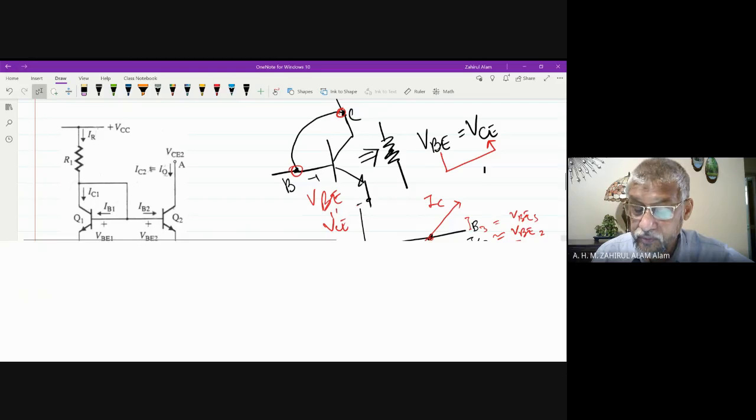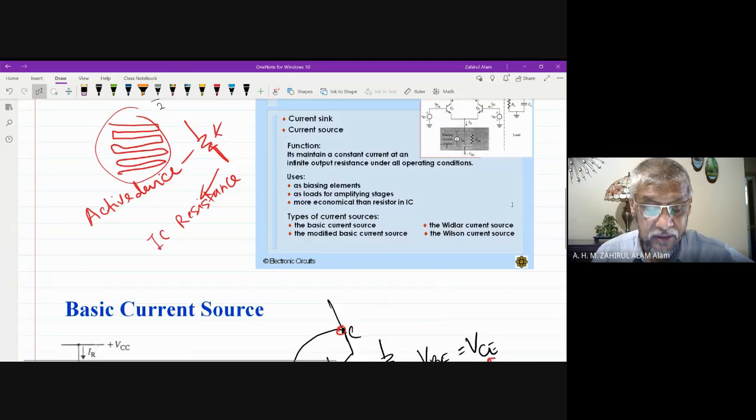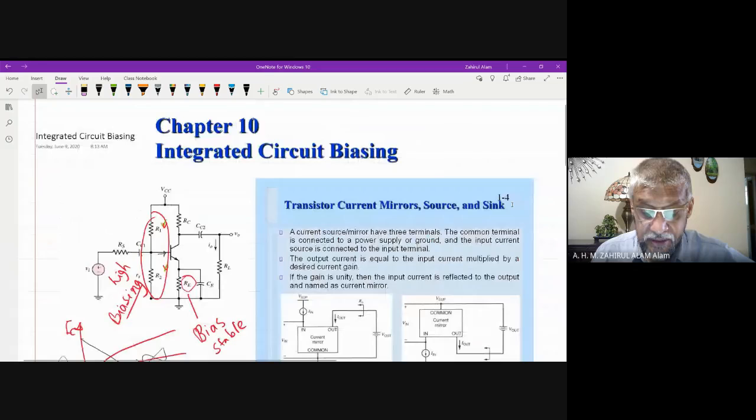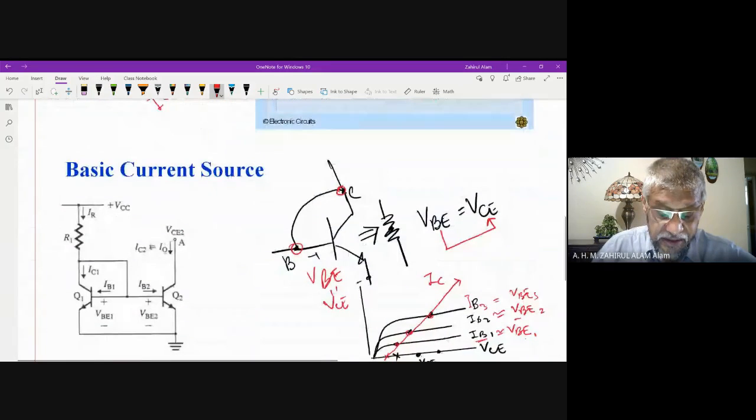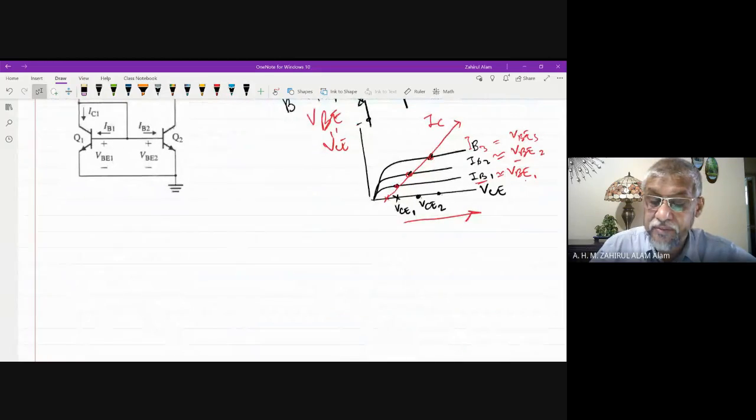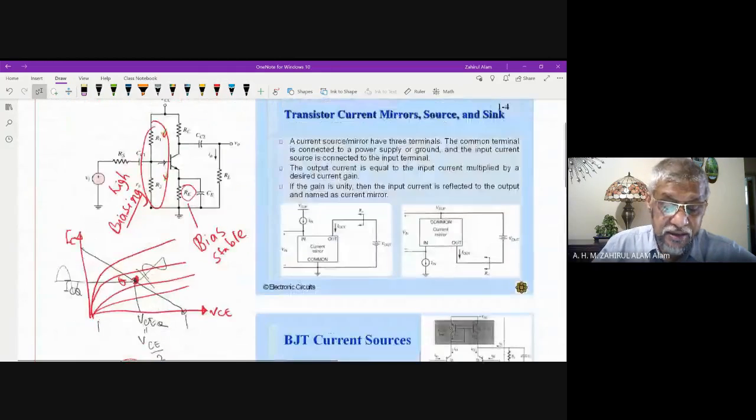For example, we can replace R1 and R2 by using transistors.